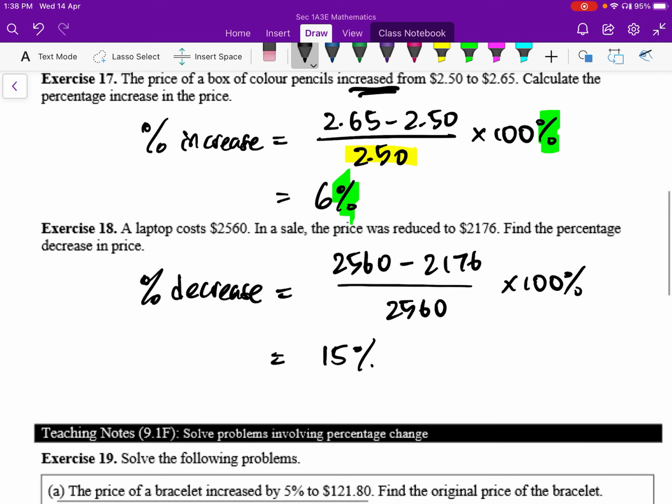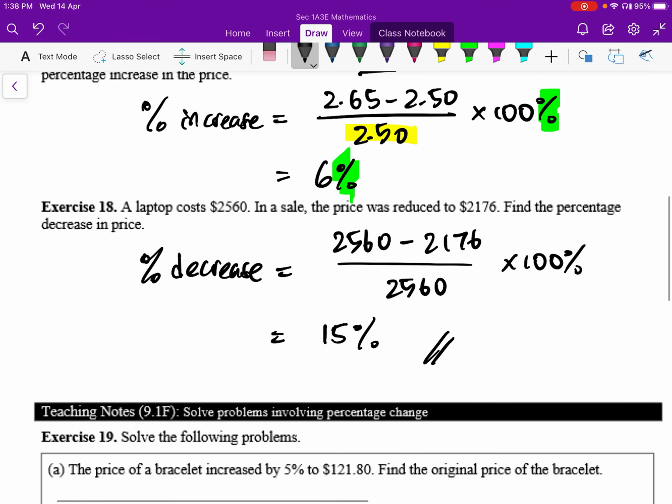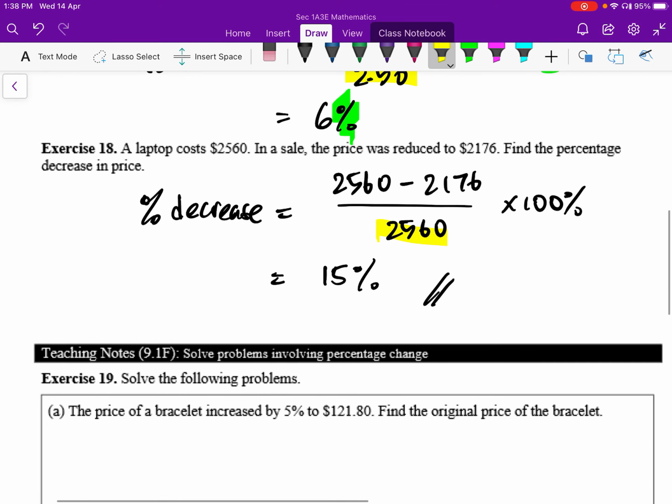So 15%. Dividing by original. Simple. Any issues? Pauline, okay? William, okay? No questions. So we continue. Am I going too fast? No. Okay.